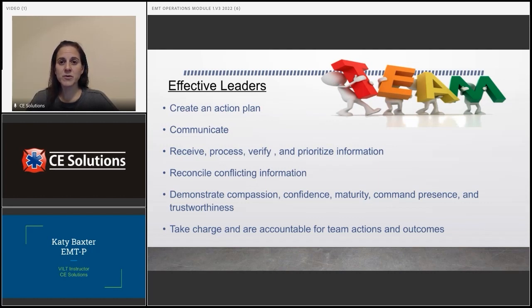They're going to gather everything that they can, but choose the most important things to mitigate first, and then it will begin to spread from there. Reconcile conflicting information, decipher, oh, we're going this route or we're going this route. Demonstrate compassion, confidence, maturity, have a command presence, and a trustworthiness.